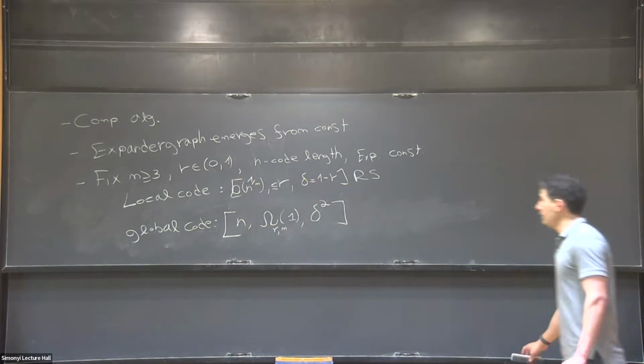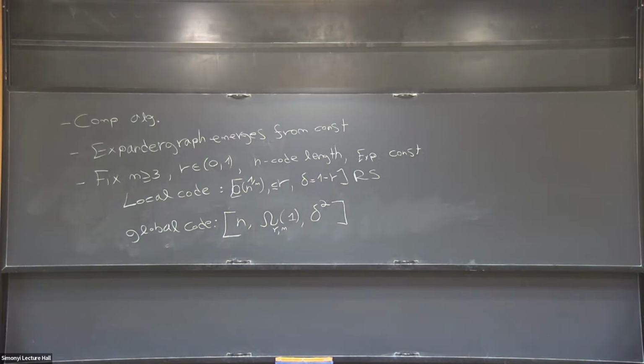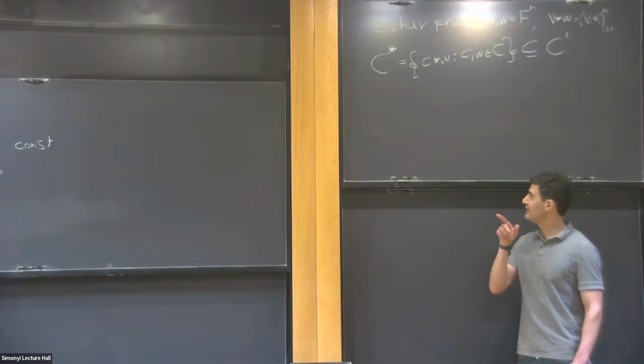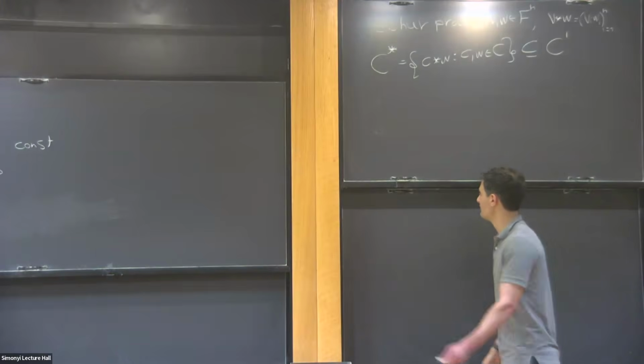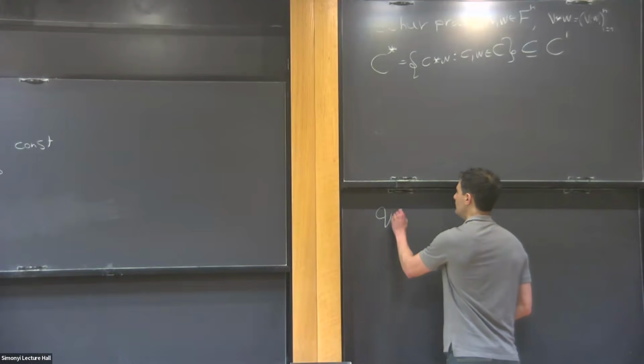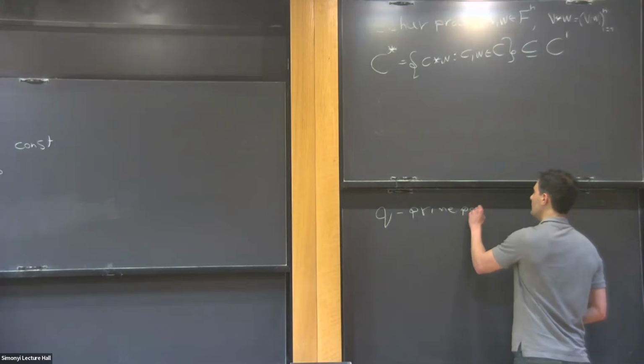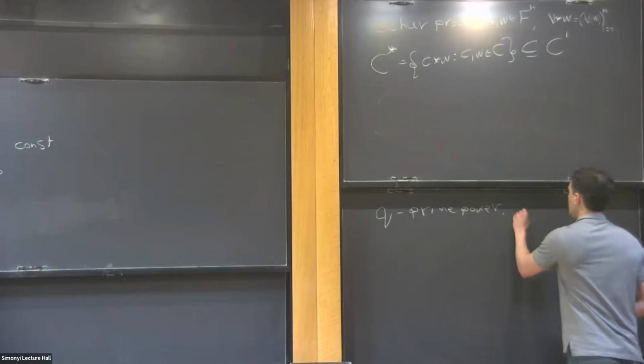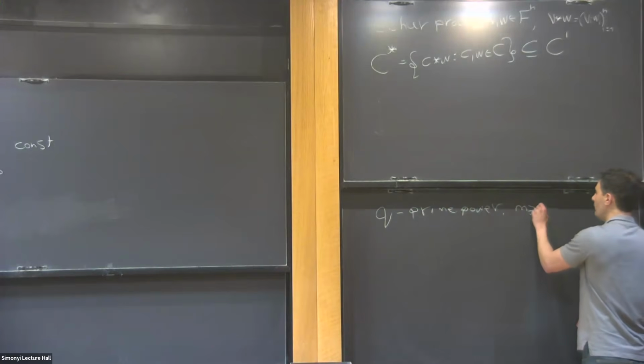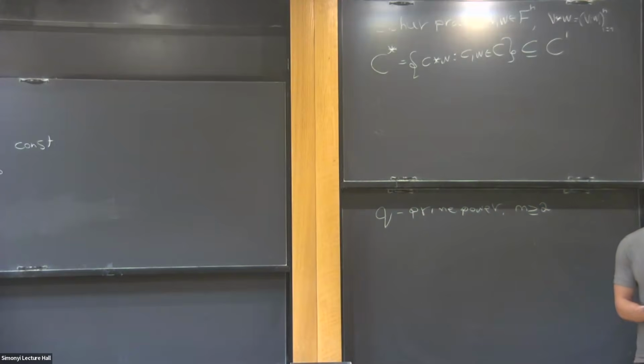Okay. So what is the construction? You take q to be a prime power, and m to be some positive integer, at least 2.